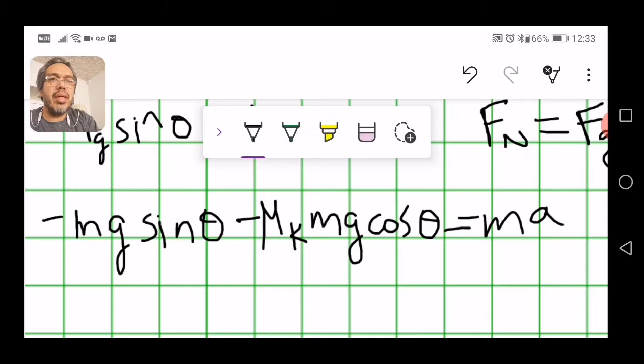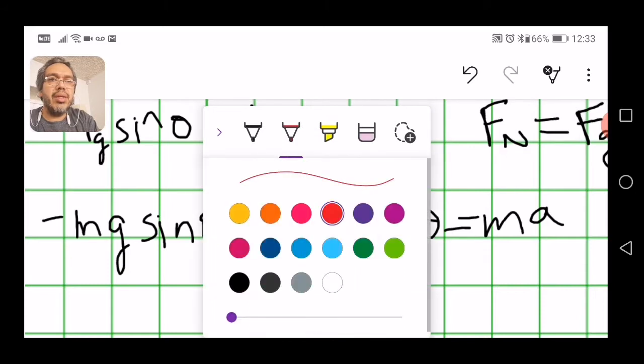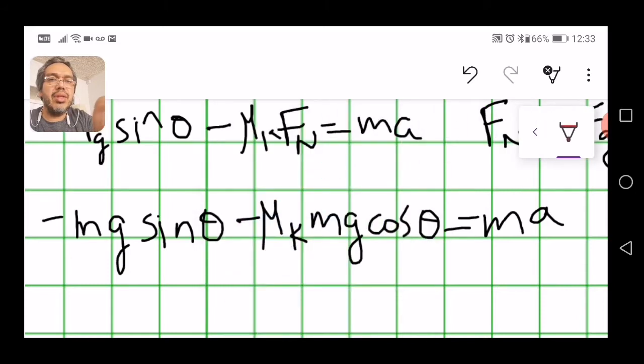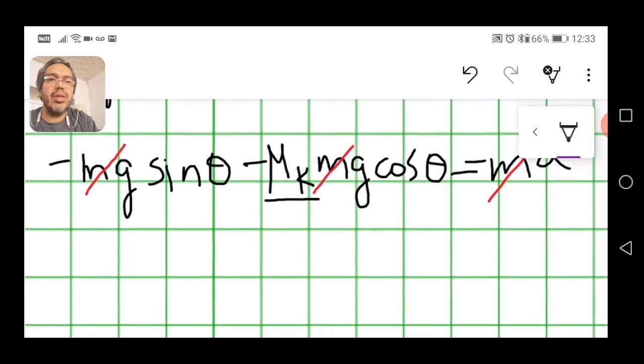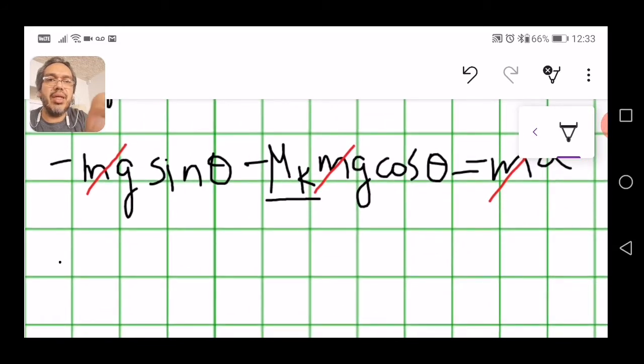Now, clearly, your acceleration doesn't depend on the value of the mass, because you can divide the whole equation by mass and everything cancels. And so, given that your unknown is mu k, you can simply play with the algebra here.